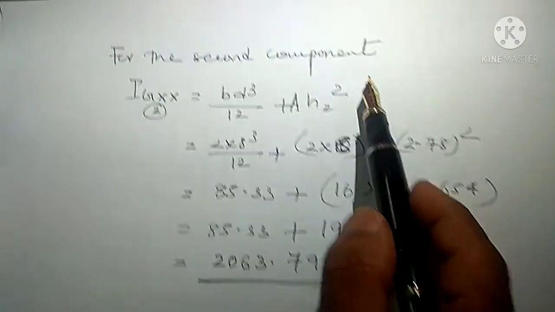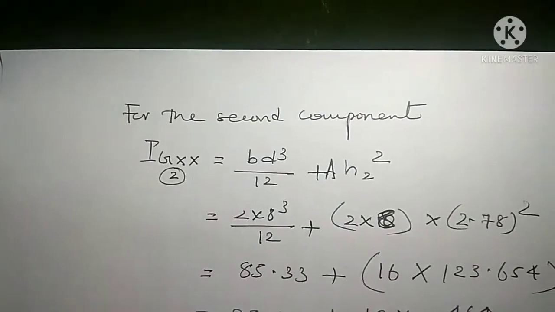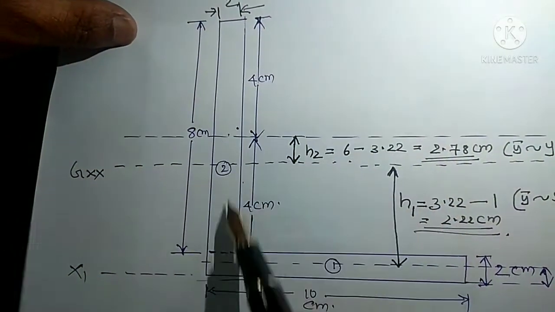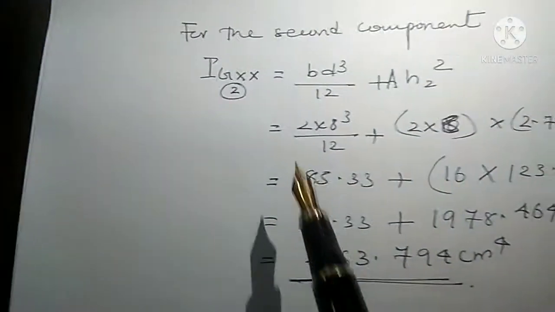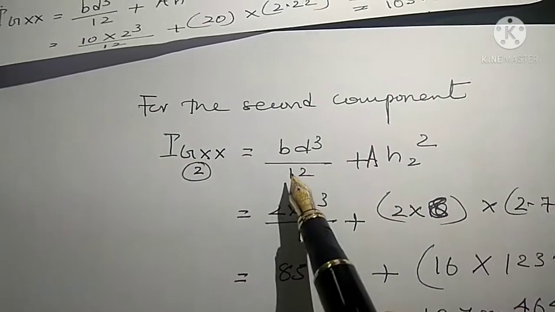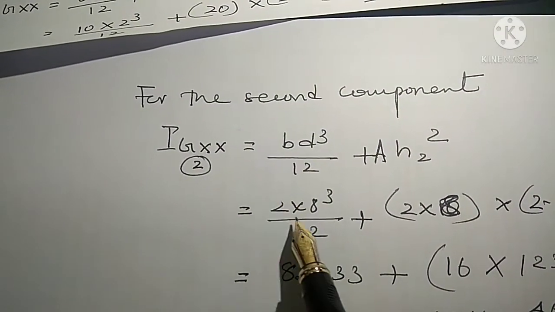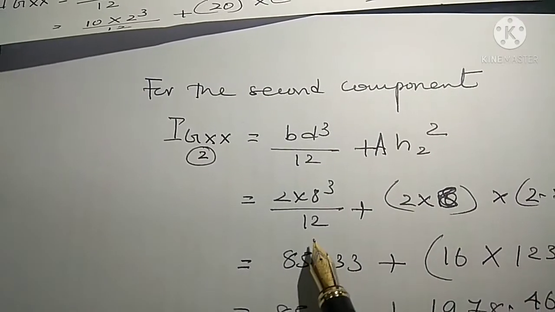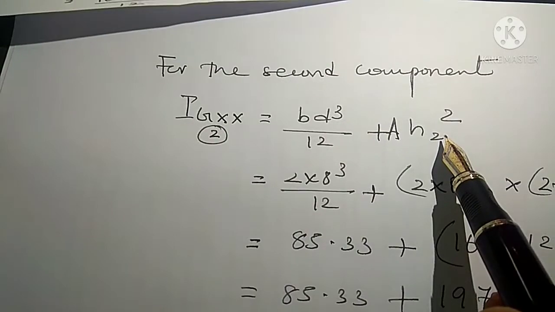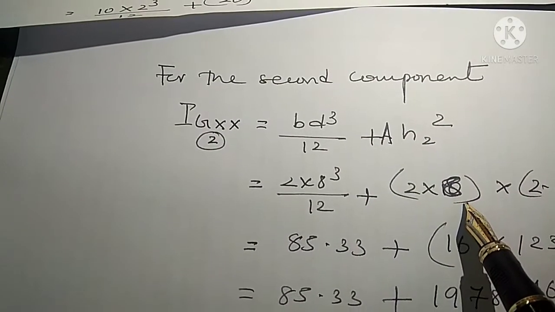For the second component, this is the second component, bd cubed by 12 plus A h2 squared. For the second component, b is equal to 2, d is equal to 8, so 2 into 8 cubed divided by 12 plus A h2 squared. A is 2 into 8, into S2.